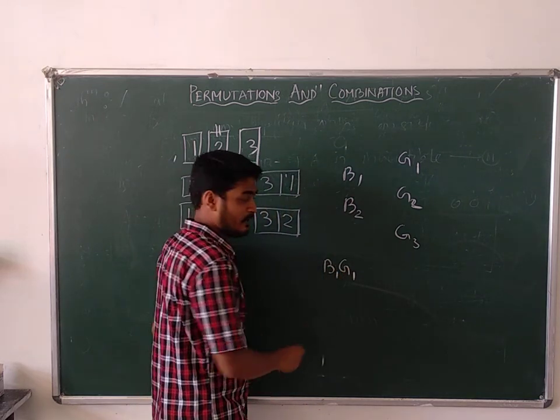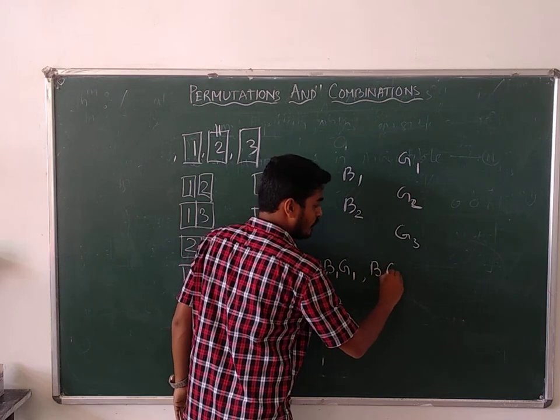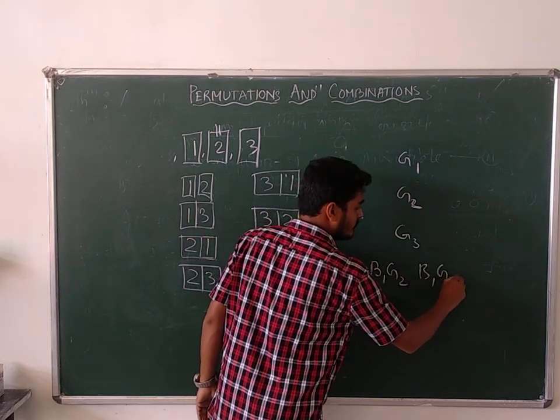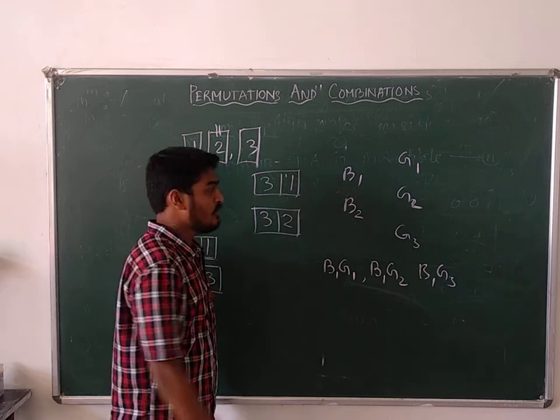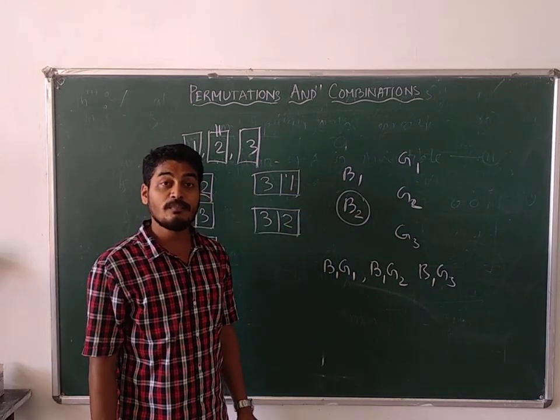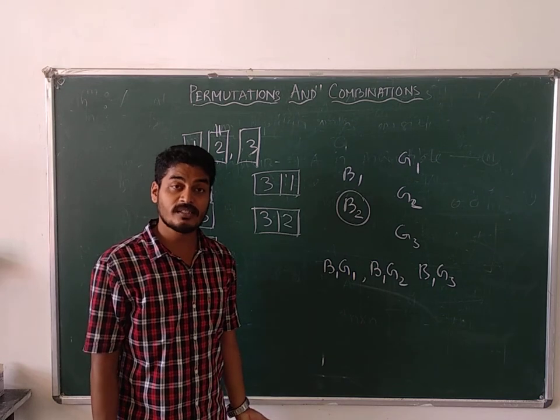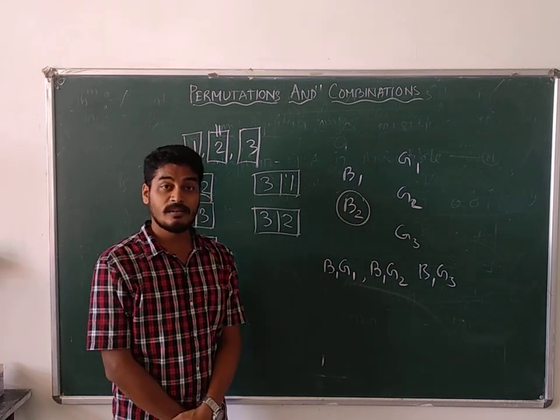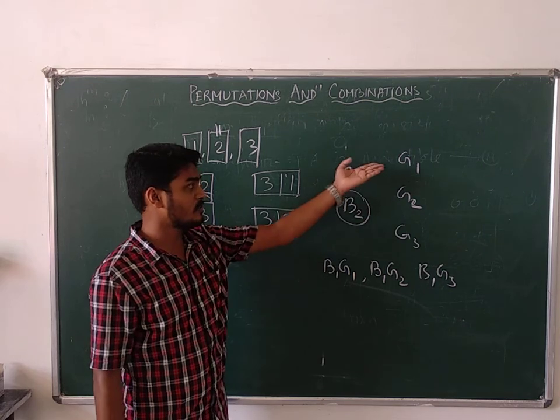First, solving pair 1 if you want: boy 1 with girl 1, boy 1 with girl 2, boy 1 with girl 3. In the same way, if I select boy 2, then how many possibilities will there be for the second boy? The second boy also has 3 different possibilities.